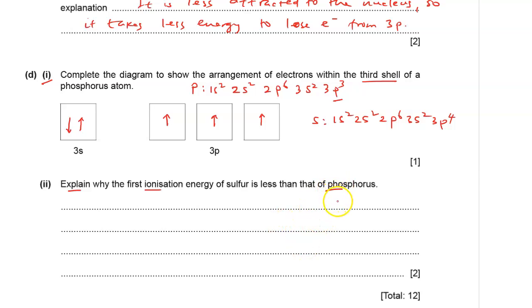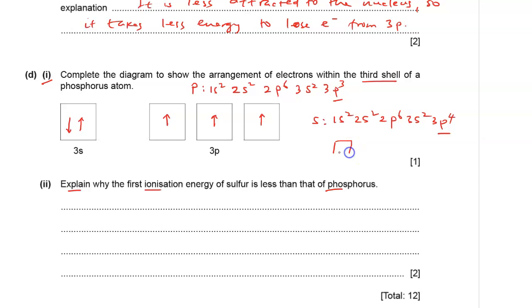The electron to be removed from sulfur is already in a pair, and the paired electrons repel, therefore it needs less energy to be removed. In phosphorus, we are removing an electron from one of the p orbitals. Since it is not paired up, you need more energy to remove it compared to sulfur.